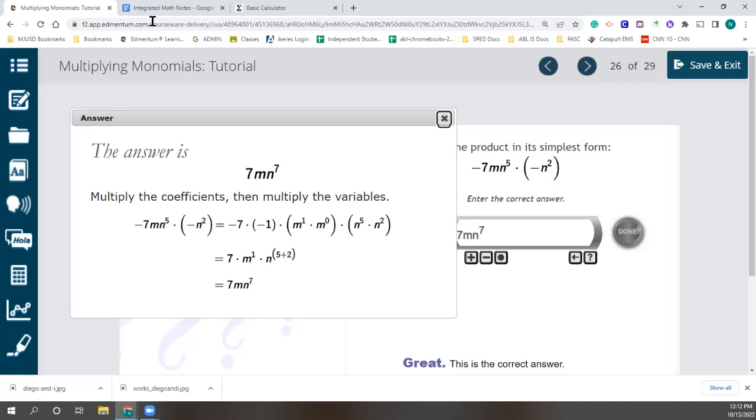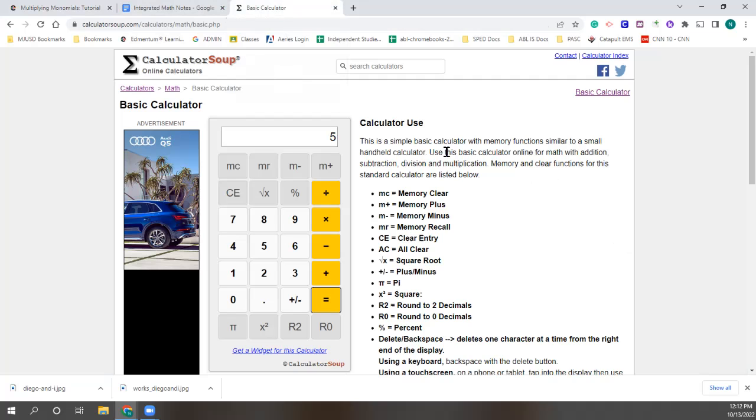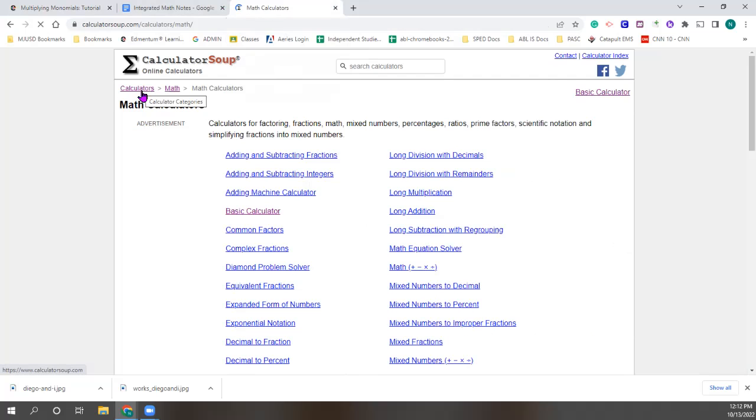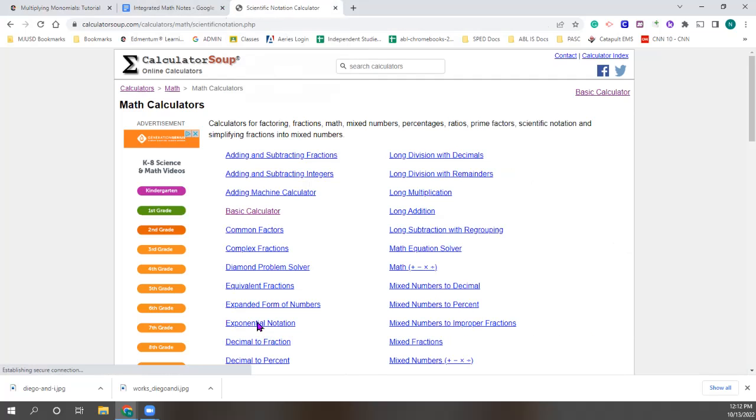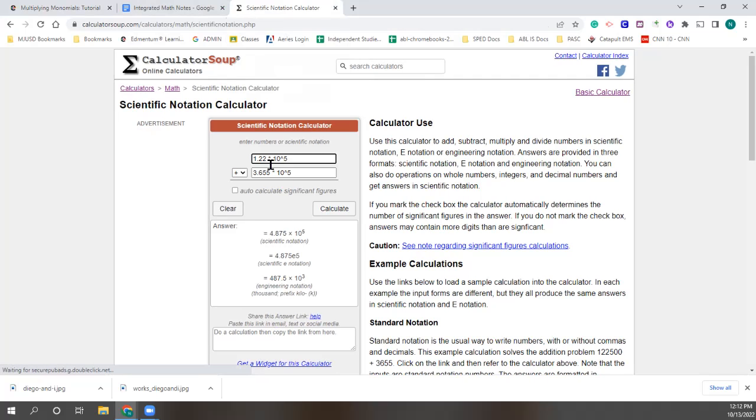But when in doubt, you can use a calculator. So let's look at exponents in the calculators. Exponential notation. So we could do, what was it?